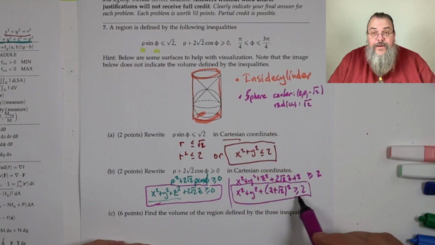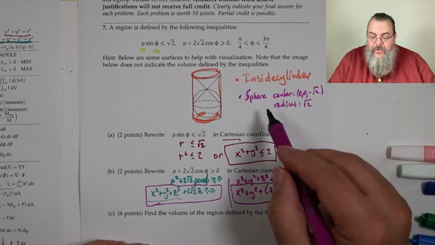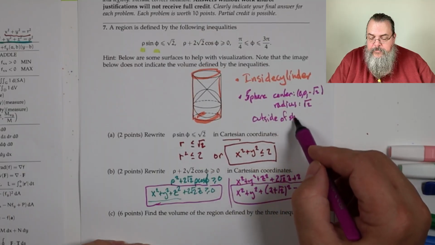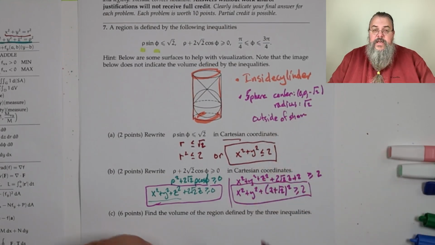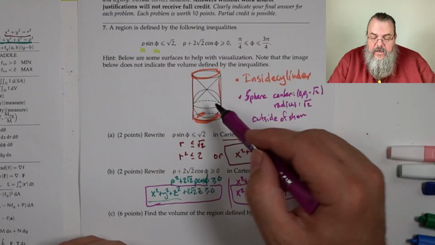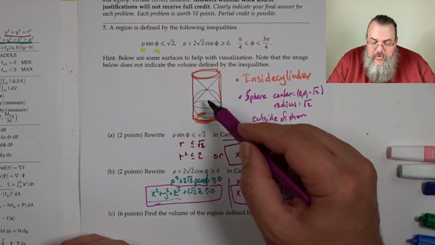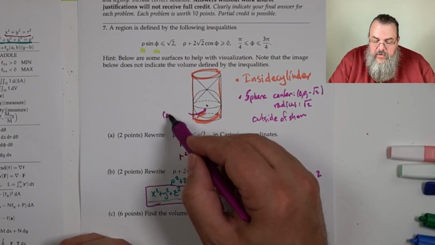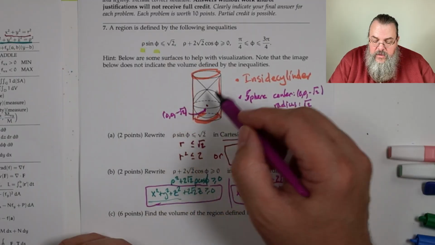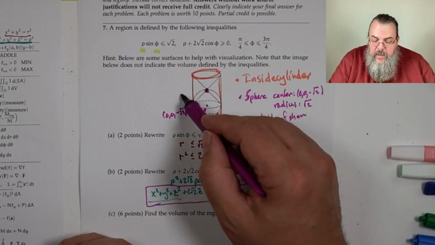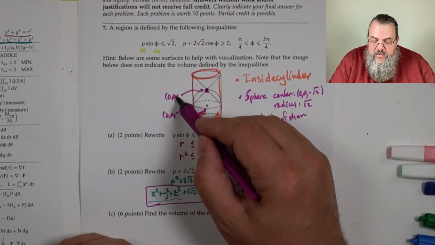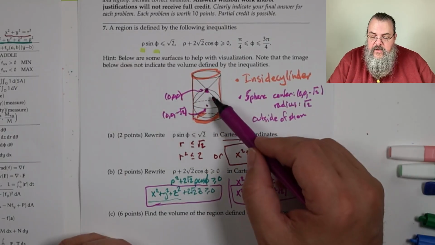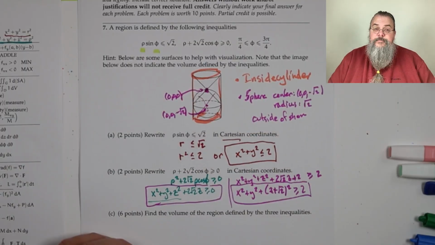And notice the inequality: greater than or equal to. So we want to be on the outside of the sphere. We want to be in the cylinder, but out of the sphere. Notice this point, 0, 0, minus root 2, is the center of the sphere. This point right here, which they didn't label, is actually the origin, 0, 0, 0. And we want to be outside the sphere, so nothing inside that sphere.